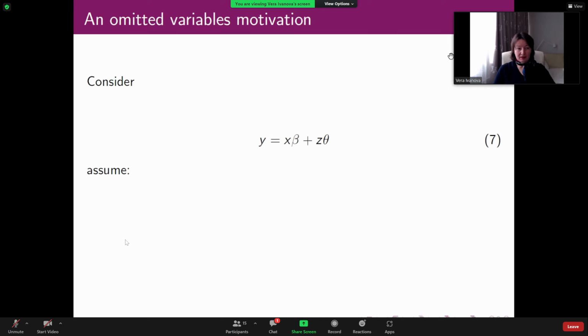Let's consider the second motivation when we have a spatial regression model. Consider an omitted variables motivation. Consider this equation, equation 7. The dependent variable is the sum of two terms, x beta plus z theta.